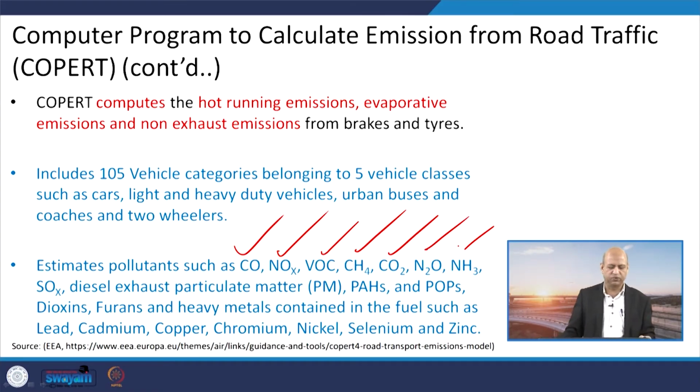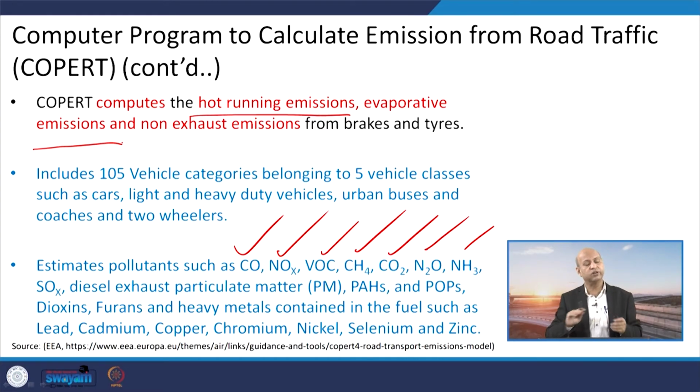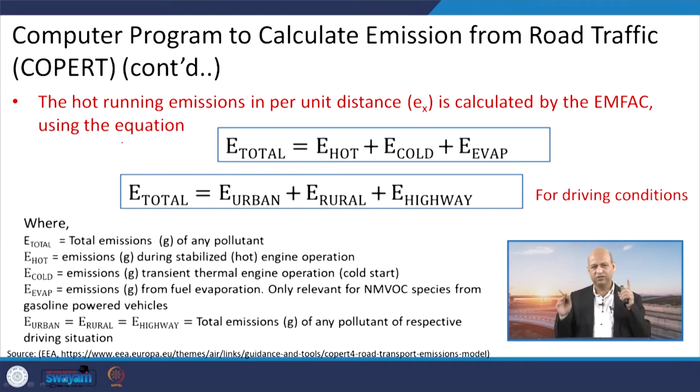It can be used for estimating hot running emissions as well as evaporative emissions and exhaust emissions. All kinds of emissions can be estimated. So, this is a very detailed and wonderful model, but for European countries. Some countries use it when they do not have their own modeling efforts, and we will see later why we developed our own model because of some limitations.